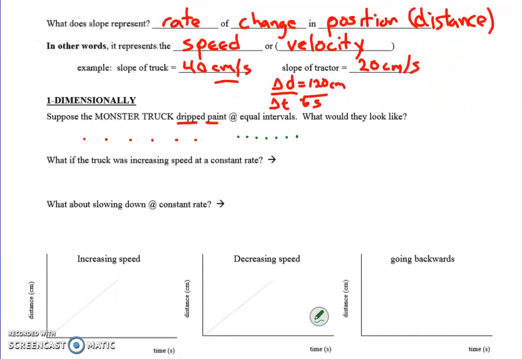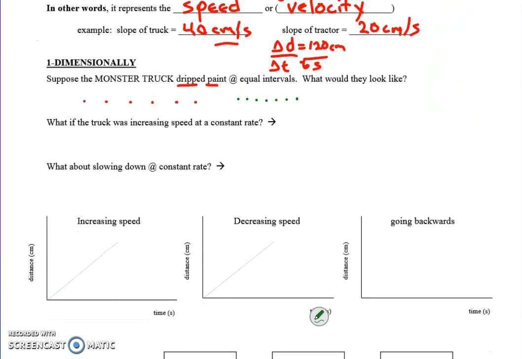You can imagine then, what if the truck were increasing speed at a constant rate? Let's say it was going faster and faster and faster. What would the dots look like? Well, they couldn't be evenly spaced because that shows a constant speed. So how do we show that we're going faster? Well, fast is the rate at which you're changing your position. So if you're going faster, your position changes more each time interval. In other words, our dots get further and further apart.